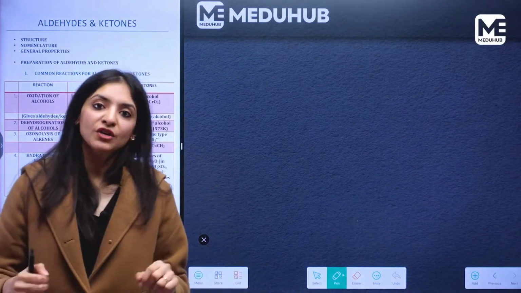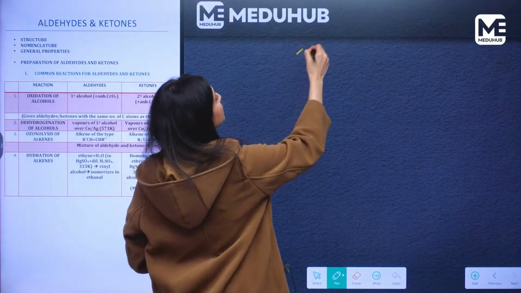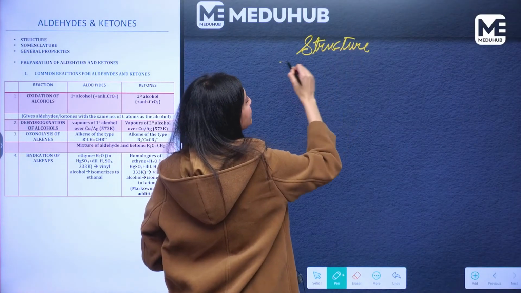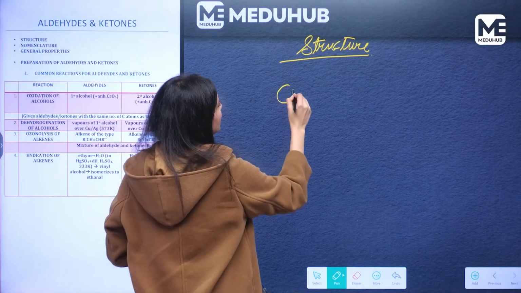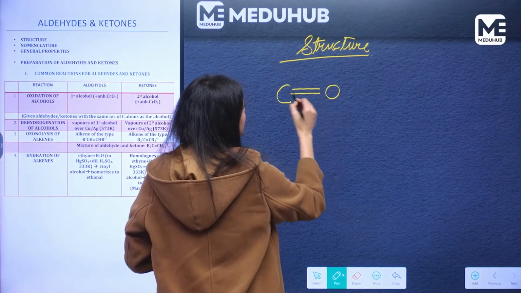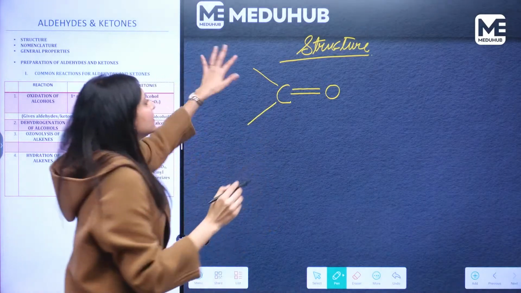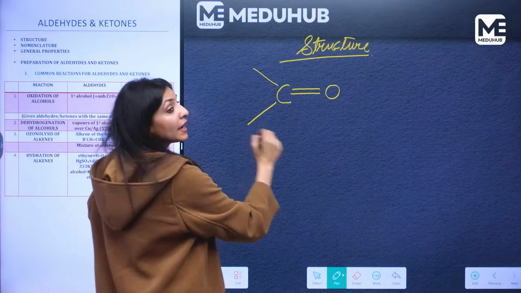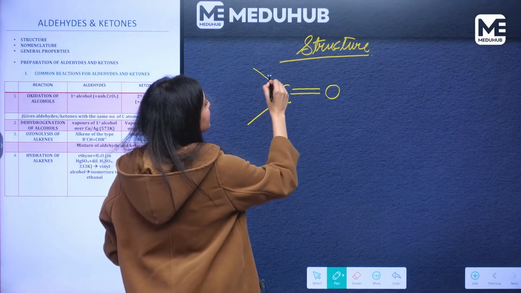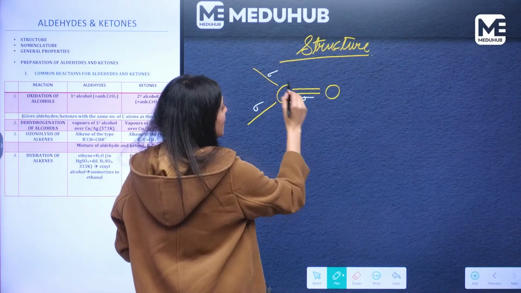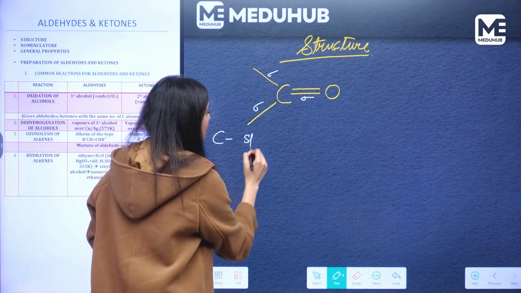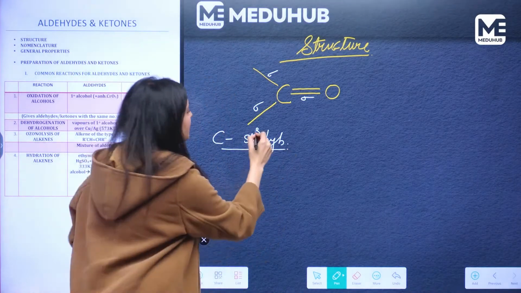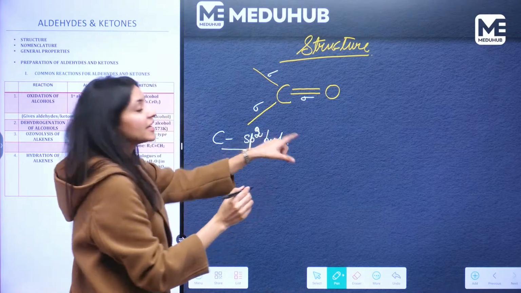Now let us see what is the structure of a carbonyl compound. So we have carbon double bond oxygen and 2 bonds here. This can either be a hydrogen or an alkyl group or an aryl group. In a carbonyl compound, there are 3 sigma bonds because this carbon is sp2 hybridized.